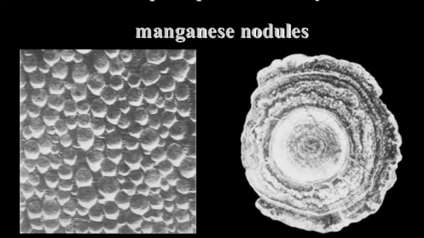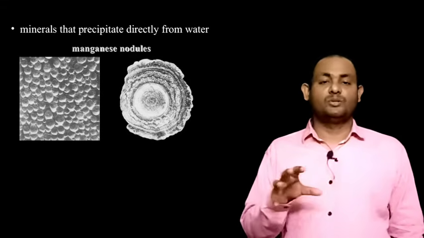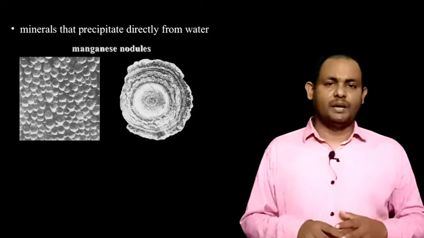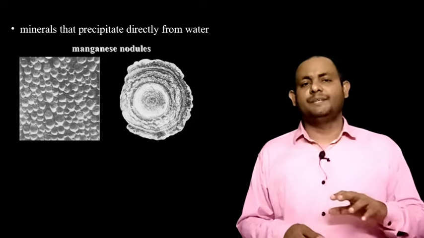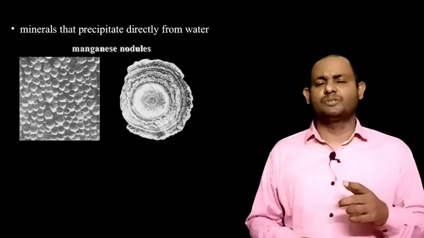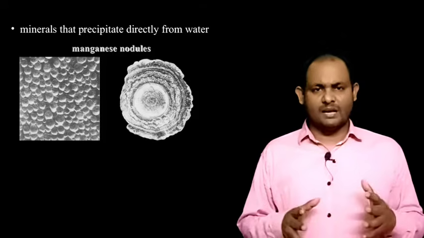The organic and inorganic material are so mixed together due to chemical processes that they become very difficult to isolate. Manganese nodules have a round shape and consist of manganese, iron and some minerals.